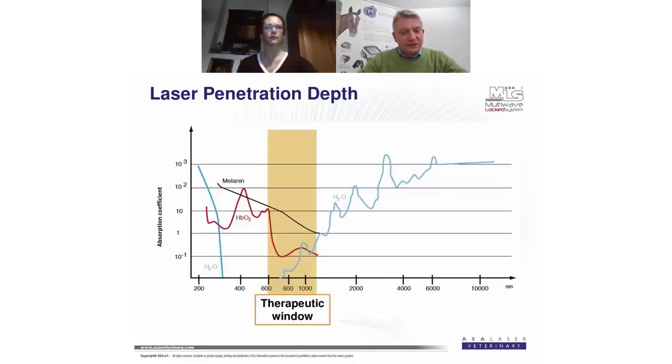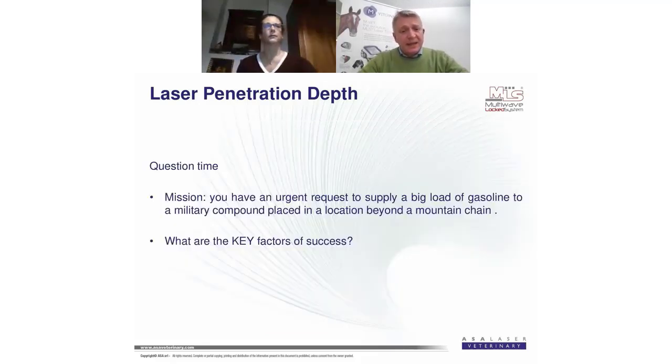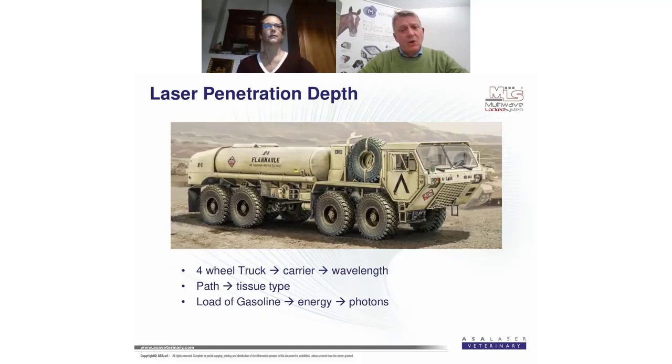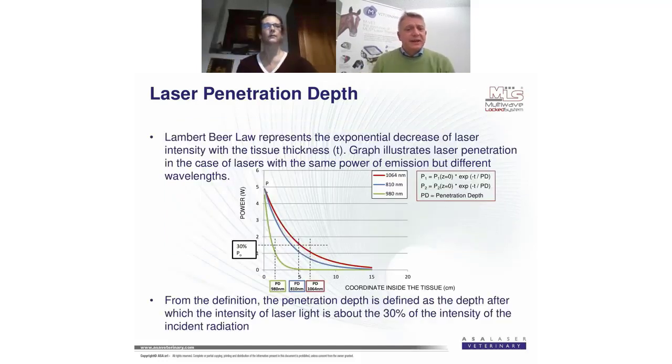So we are talking about the infrared range, and the therapeutic window. The majority of lasers have their wavelength set in this window, because in this way we can get an effect.